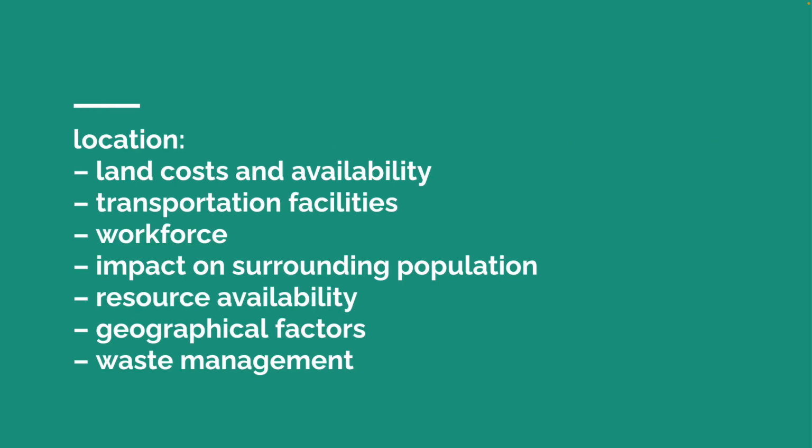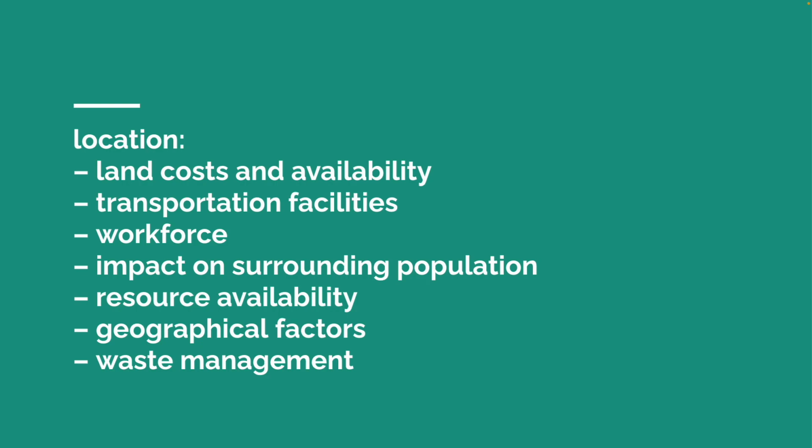And one of the things when you're looking at developing, whether it's for rehabilitation or even making a new factory, these are the things that are going to make you really consider where you go. So one is land costs and availability. That's the very first thing that makes a decision about where you place your factory or workplace.